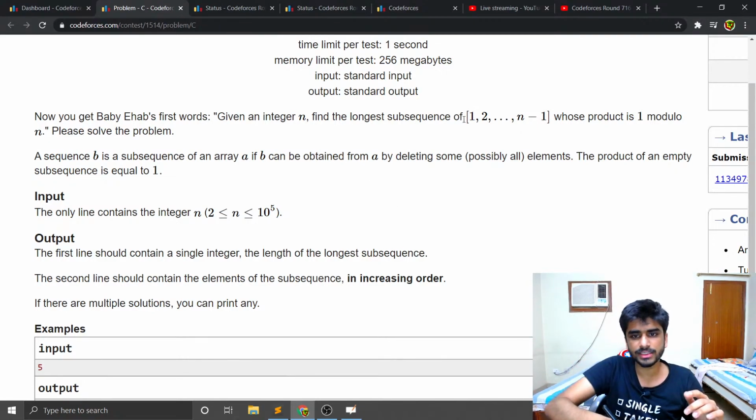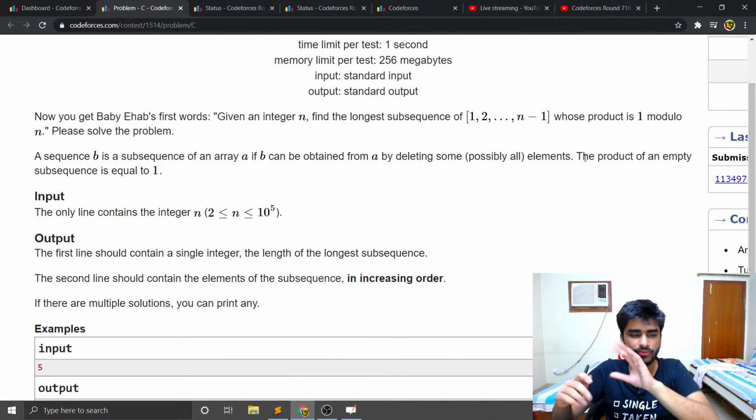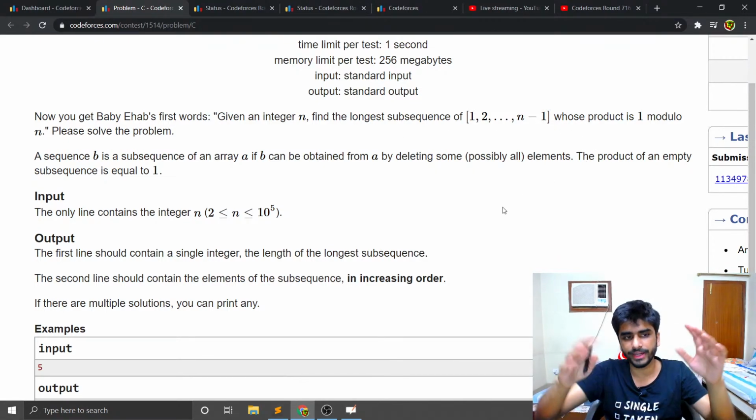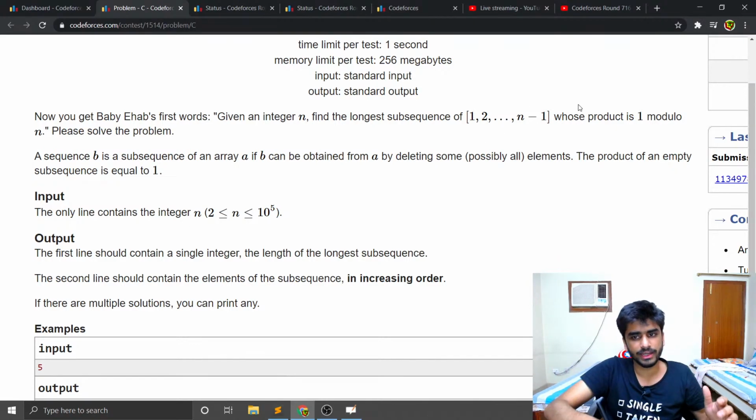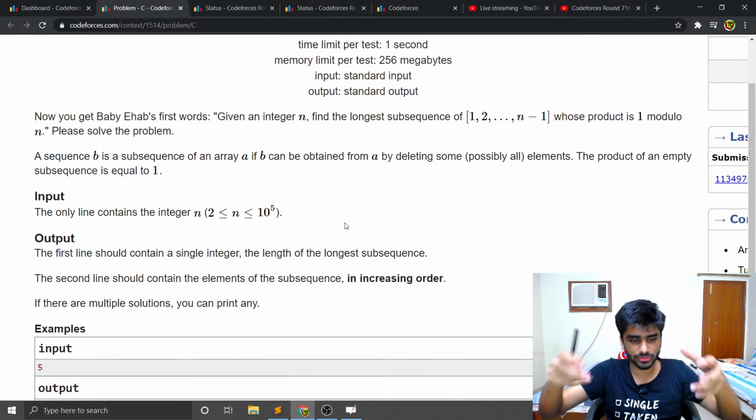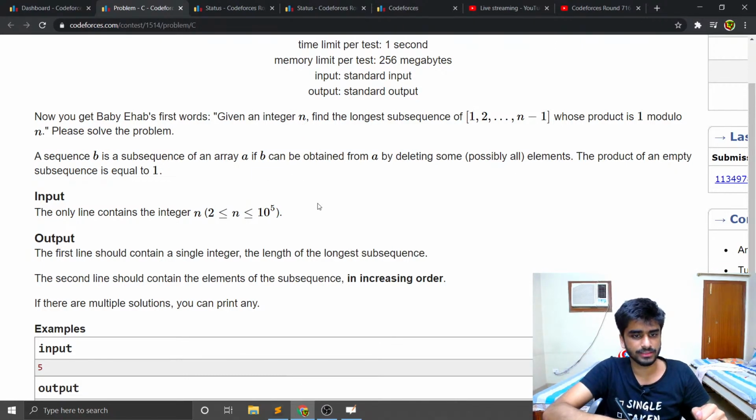You want the longest subsequence such that if you multiply all of the elements, the product is 1 modulo n, meaning the remainder of the product with n is 1. And this is just the definition of subsequence: you pick the elements from the array.